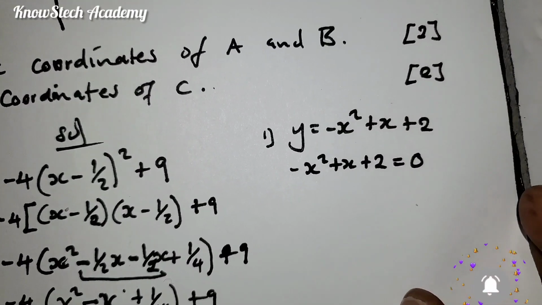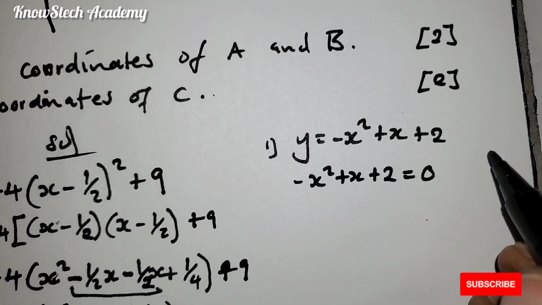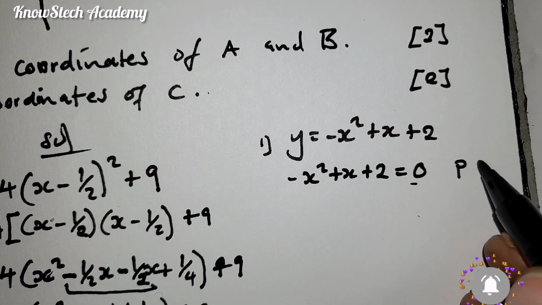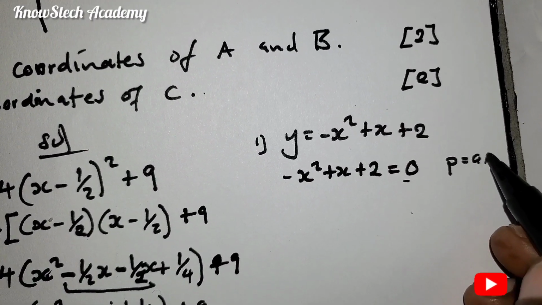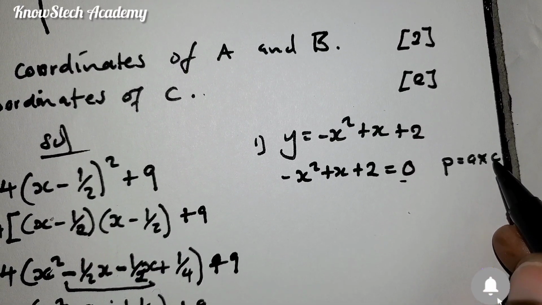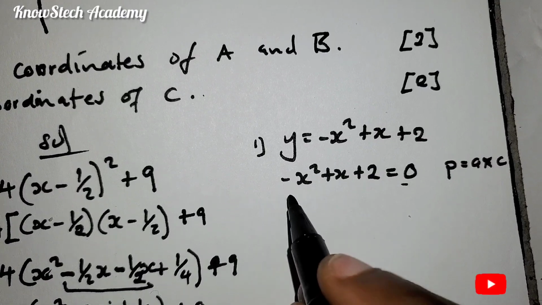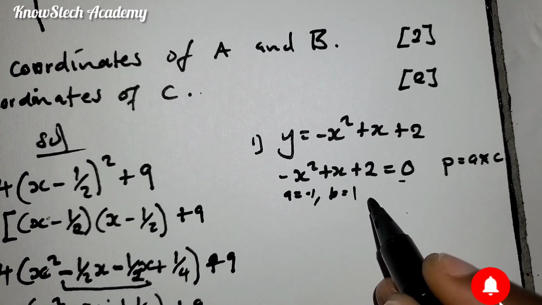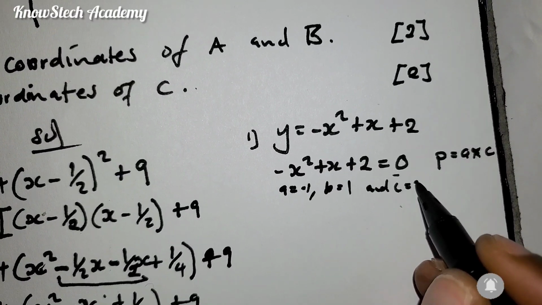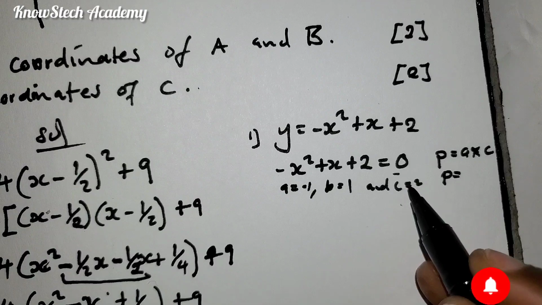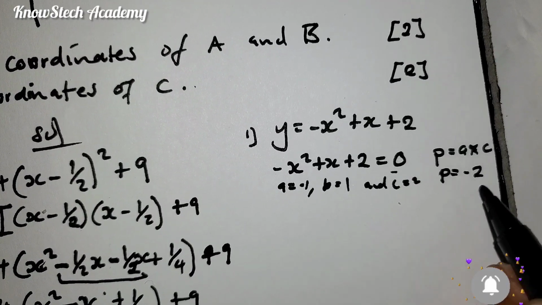Alright, we can find the roots here by factorizing this quadratic equation. Let's find the product of a and c. a is negative 1, b is 1, and c is 2. So the product of a and c, negative 1 times 2, will be negative 2.